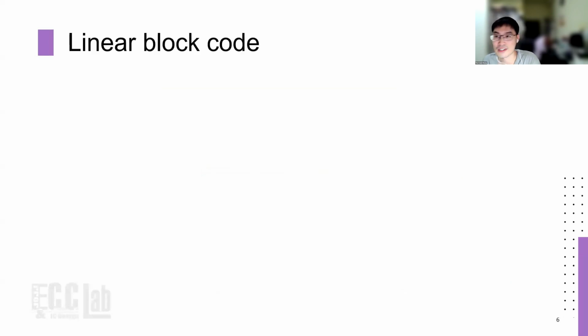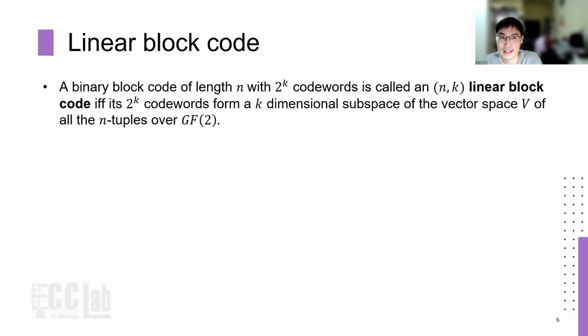So a common error correction code is the linear block code. An (n,k) linear block code is defined if and only if its 2 to the power of k codewords form a k-dimensional subspace of the vector space F^n, where F^n is the set of n-tuples over the Galois field GF(2).